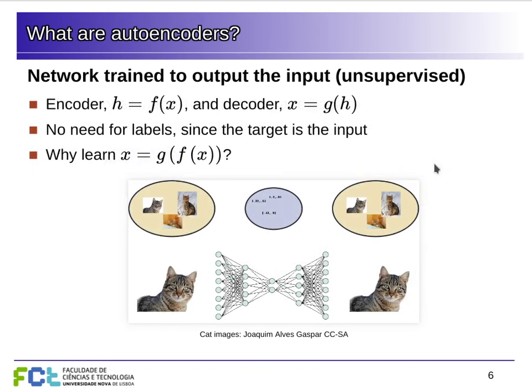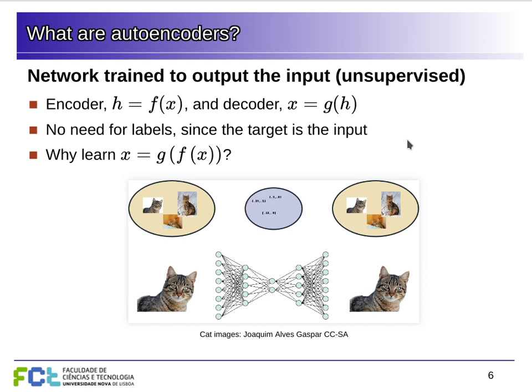The encoder is some f function of the input. The decoder is some g function of the hidden representation of what is encoded. And basically, we're going to train to obtain our input from the combination of g applied to f. So after decoding our encoding, we get back the original input.